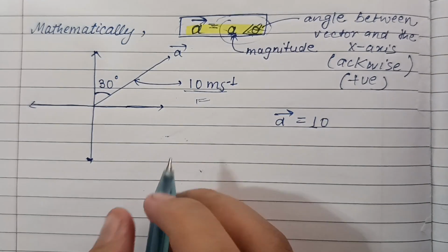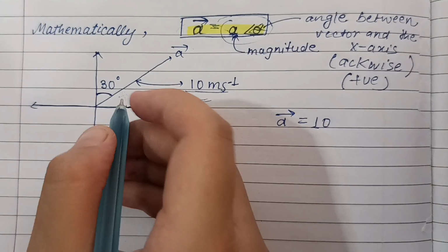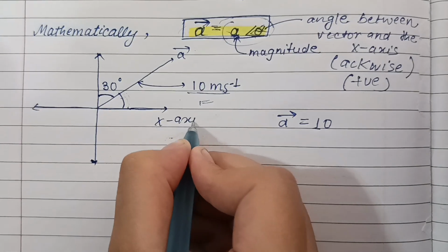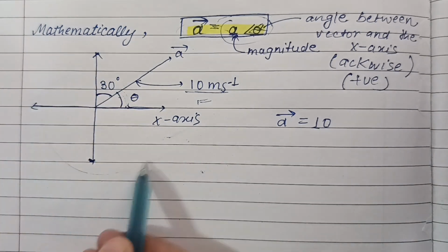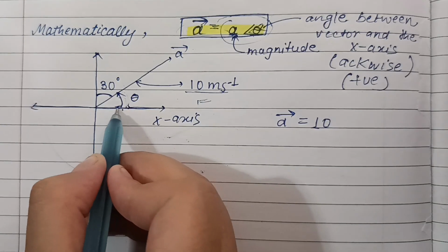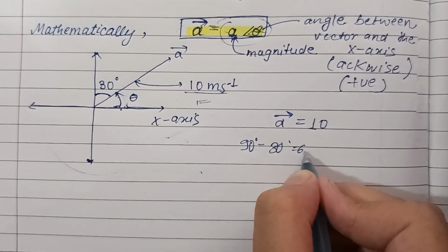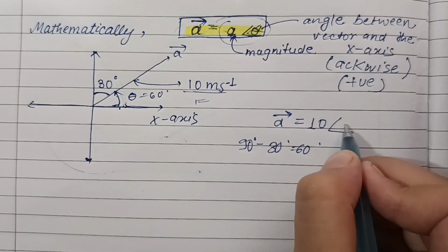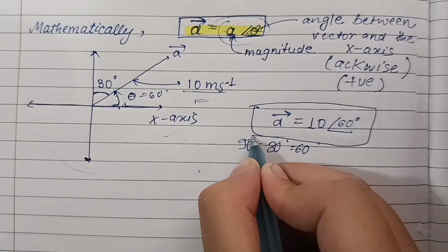We will write 10 here. Then we have to find this angle. This is theta, that is the angle between the vector and the positive x-axis, which is measured anti-clockwise. So this theta will be 90 minus 30, which is equal to 60 degrees. So here it will be 60 degrees, and here we can write the vector mathematically like this.